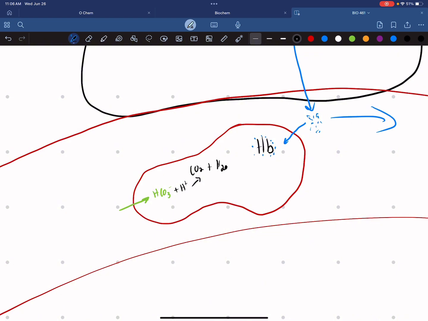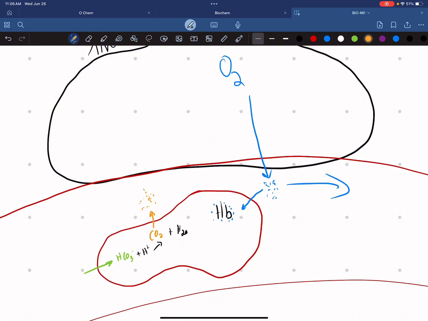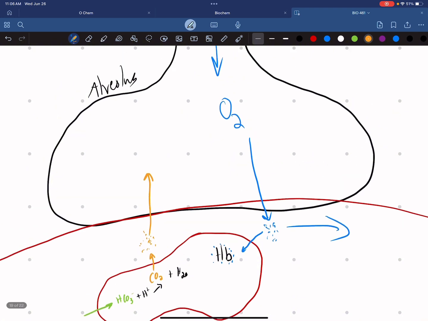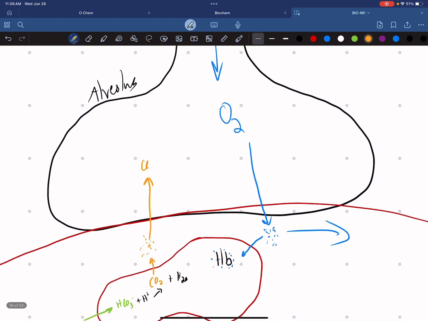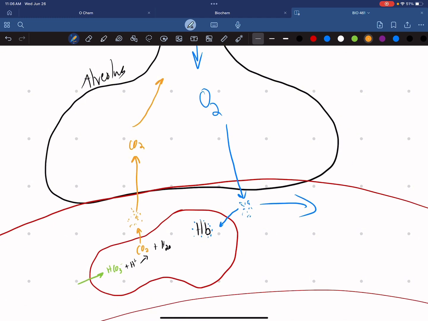So let me highlight this carbon dioxide, which will then diffuse out of the red blood cells and into the bloodstream, and it will then continue to diffuse out into the alveolus and out, and it will be what we exhale.